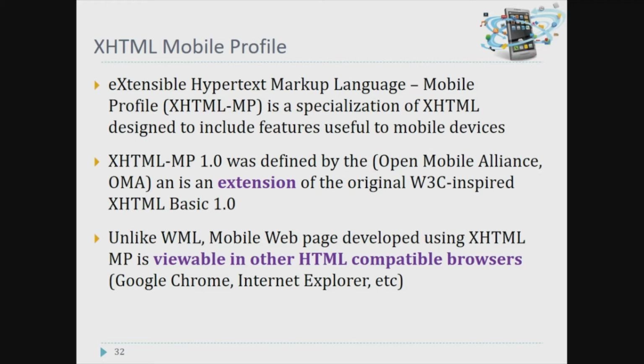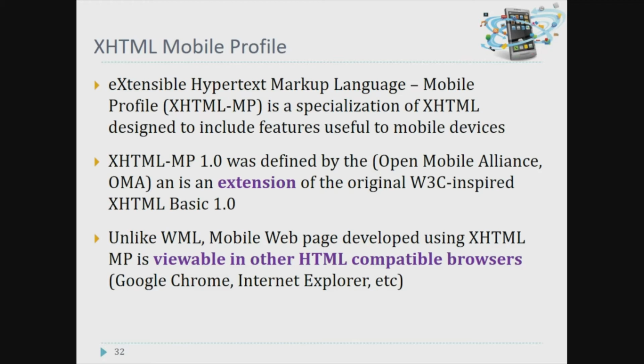So actually it is based on the web, and then we use it for mobile devices. Unlike WML, a mobile web page developed using XHTML MP is viewable in other HTML compatible browsers. Before that, we needed to use WAP browsers.